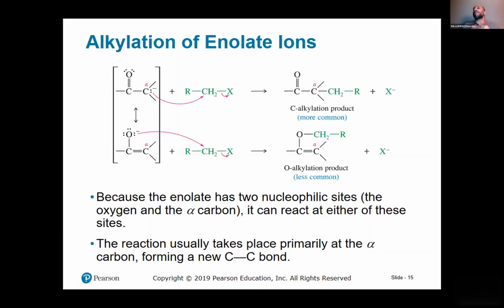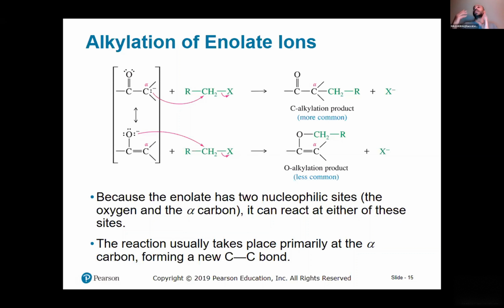Well, nucleophilicity usually prefers a larger atom. The larger atom, which is carbon in this case, is going to be a softer atom. And usually the softer the atom, the easier it overlaps with the vacant orbital of the electrophile. It's important to keep in mind that this has nothing to do with basicity.